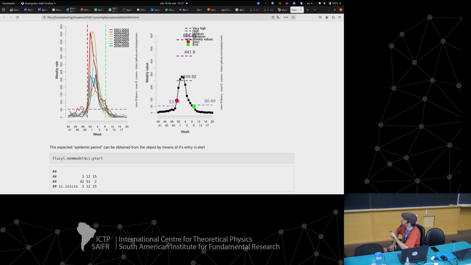So this is the range associated with the estimated week for the epidemic phase to start, okay? And again, this confidence interval you can tweak in the parameters as well. So what is the window size for the confidence interval that you want to use, okay?